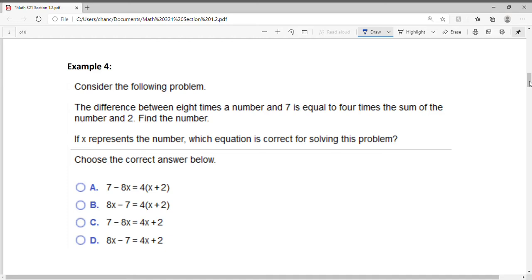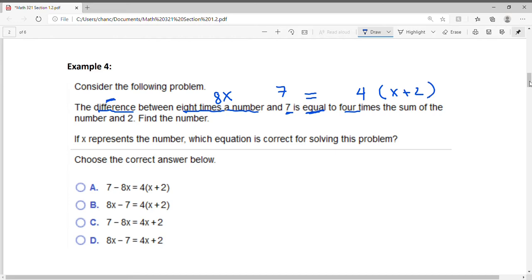It says the difference, so I know that's subtraction, between 8 times a number, so that's 8x, and 7, so that's the number 7, equals 4 times, so we know it's 4 times something, the sum of a number and 2. So we know this is going to be x plus 2.